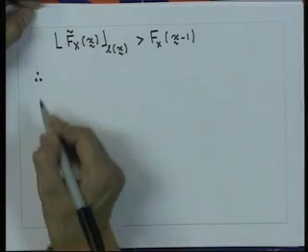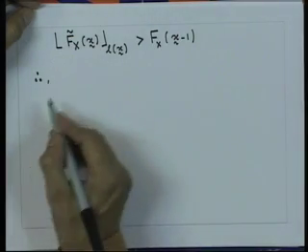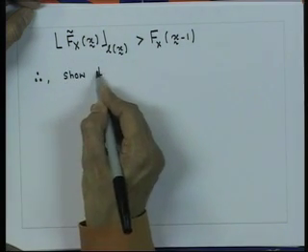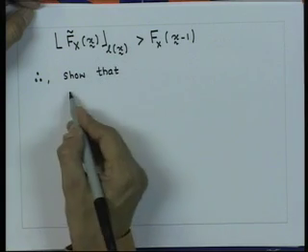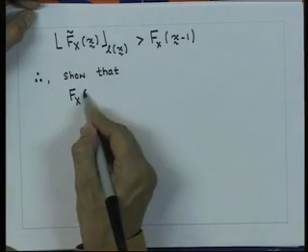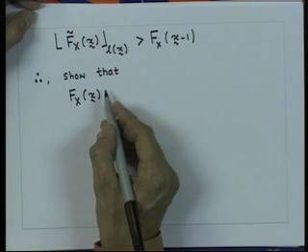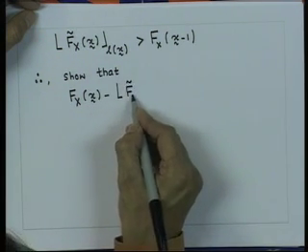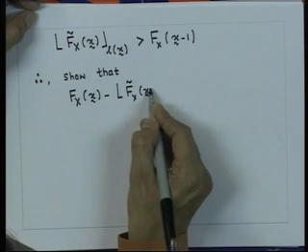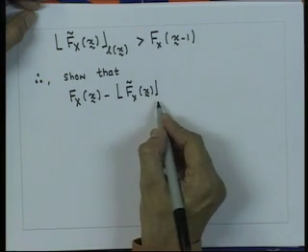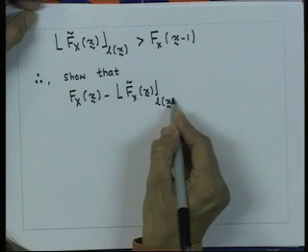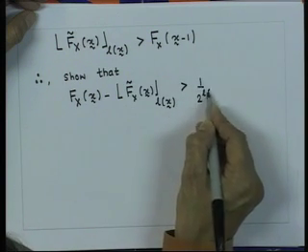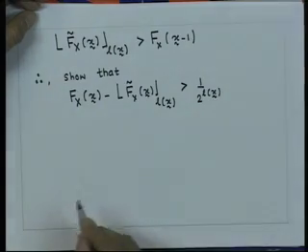Therefore, all we need to do is show that F(x) minus the truncated version of F(x) is greater than 1 by 2^L(x).